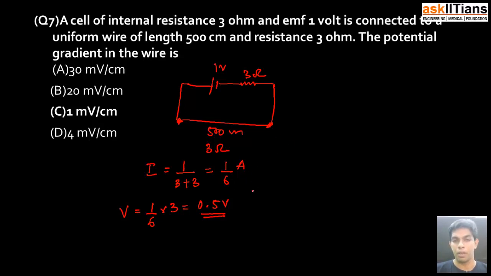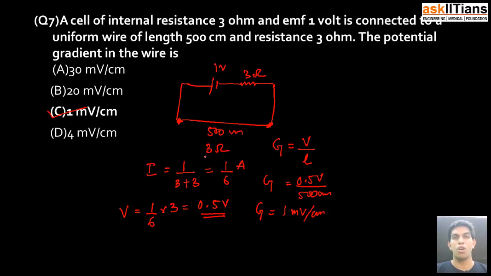Now potential gradient, let's say it's G, is equal to the potential drop across the wire, V, divided by the length of the wire, L. So it's 0.5 volt divided by 500 centimeter. So my potential gradient is 1 millivolt per centimeter. Hence, C is the correct answer.